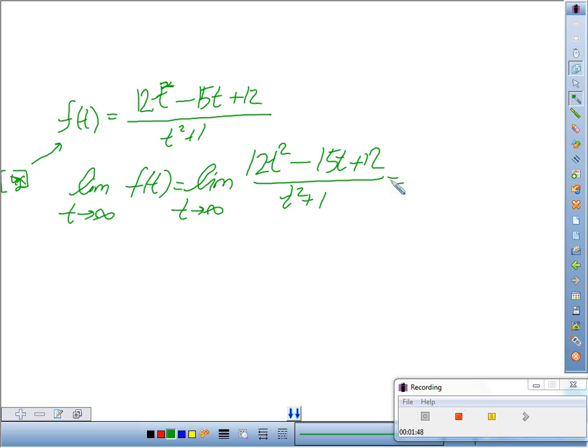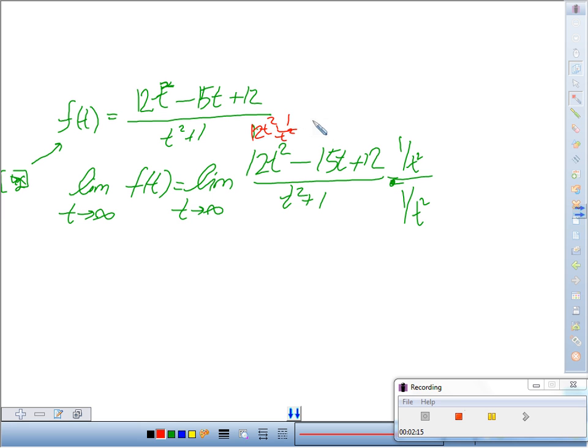Okay. So you multiply this by 1 over t squared times 1 over t squared, right? And when you multiply 1 over t squared into each of those terms, we're going to have 12 t squared times 1 over t squared.